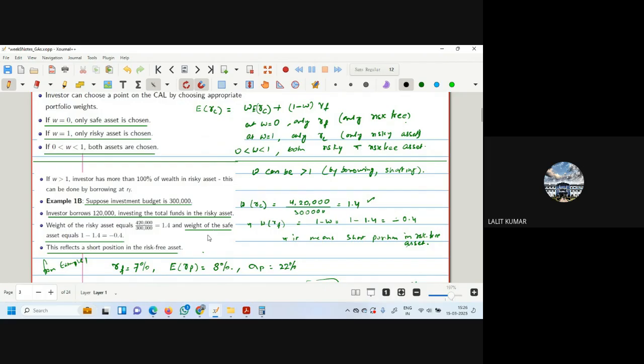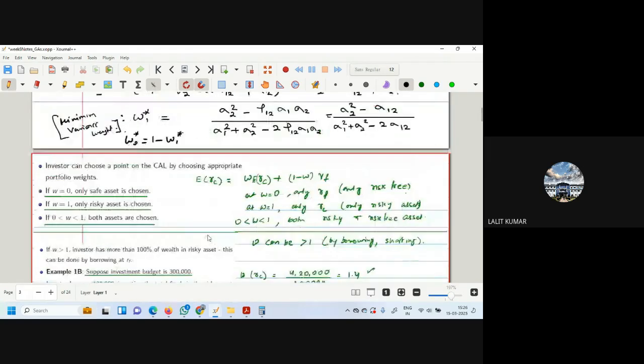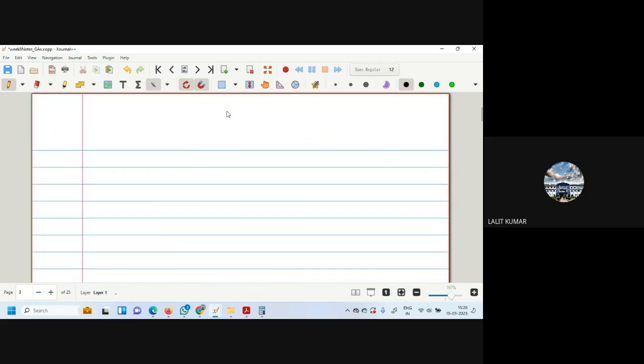And the third thing was, from here we can find W1 and W2. Now, the third concept of week 8 was that you are given 3 assets. One is risk-free, another is risky, and this is also risky. This is RF, this is R1, this is R2, this is equal to 0, this is sigma 1, this is sigma 2.